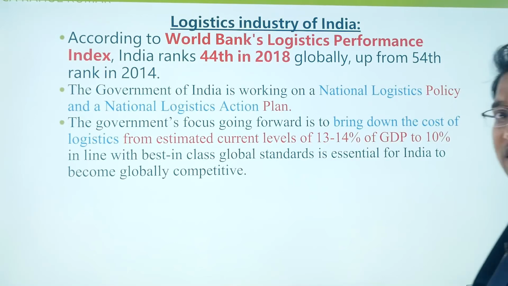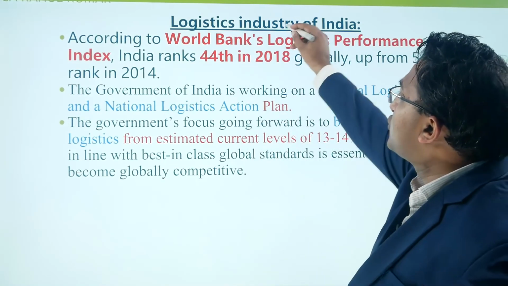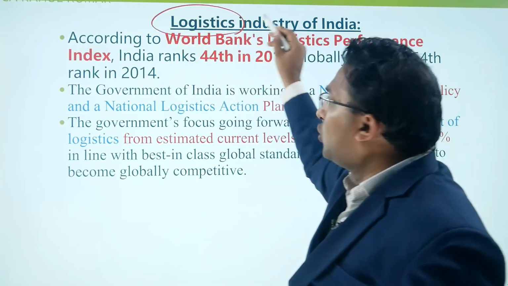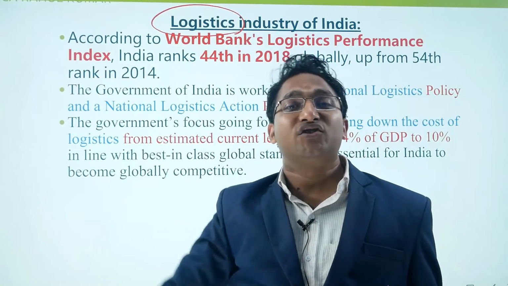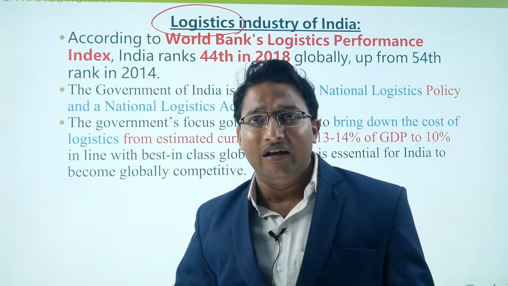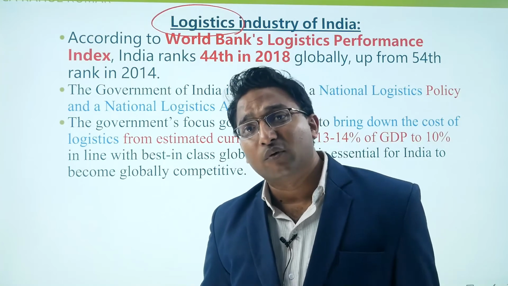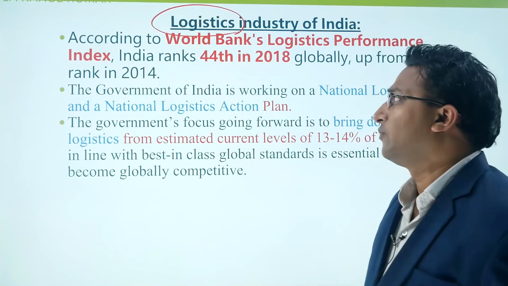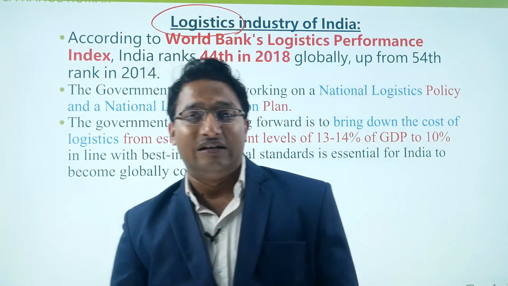Now, logistics industry. So logistics industry, this is very crucial because now India want to become the manufacturing hub of the world. We are focusing upon the Make in India, right? And from Make in India, now we are focusing upon the Industrial Revolution 4.0 also. So in this context, India's logistics cost should be decreased.